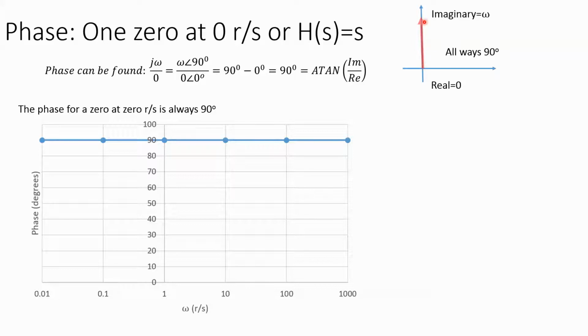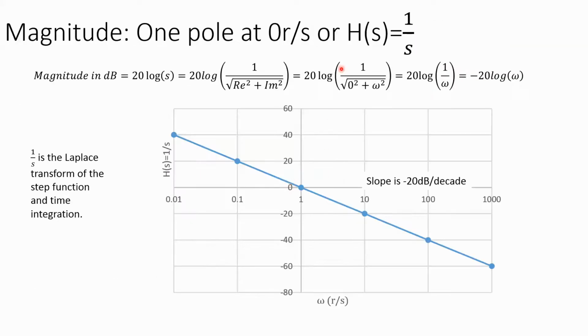There's only one thing going on here, and that's the imaginary part. No matter what it is, the phase is always 90. So 90 minus 0 phase is just 90. You can also look at it with the arctangent function. So no matter what the frequency is, for a zero at 0, it's 90 degrees.